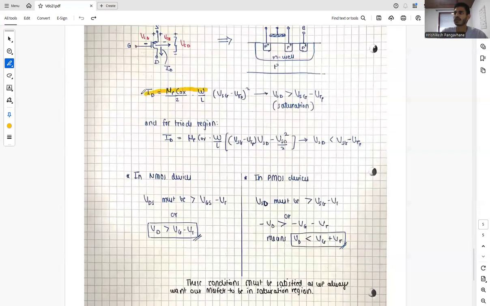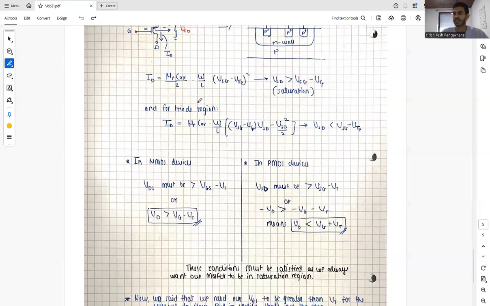The current is given by this equation, which obeys a square law model, and VSD should be greater than VSG minus VTP for our saturation condition. And for our triode region, ID depends on this equation, where VSD should be less than VSG minus VT.